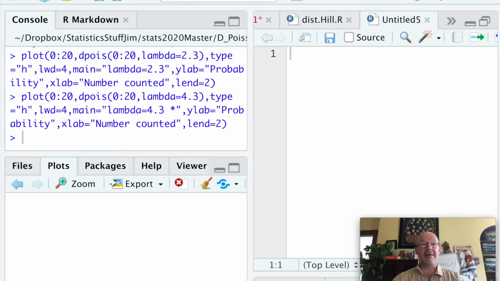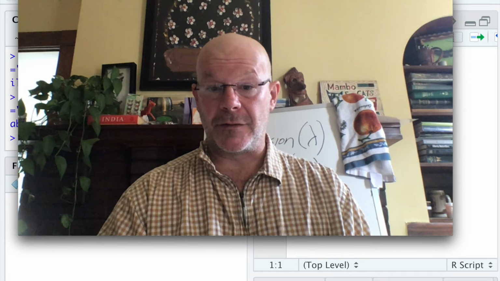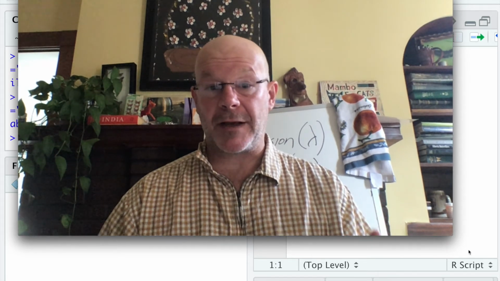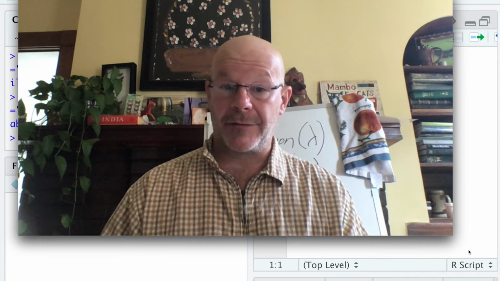So how can we use this? Well, first of all, if we go back to the probability mass function, the first thing that we would want to do is we have our data and we want to come up with some kind of an estimate for lambda. Like, where is that lambda thing coming from?